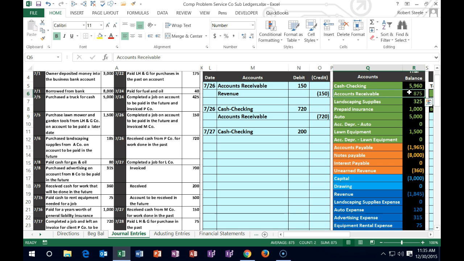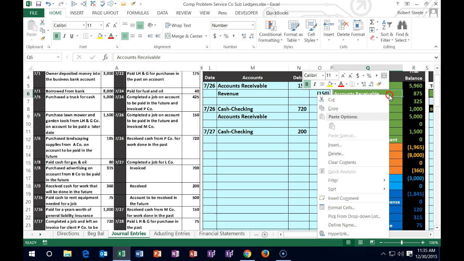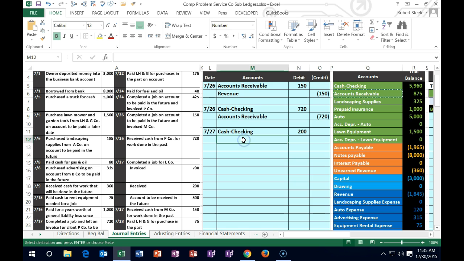Receivable is also an asset, similar to cash. We'd like cash better. We would have rather gotten the full 700, but 500 in the future is still an asset. Therefore, we're going to make it go up by doing the same thing to it, which in this case would be another debit. So we're going to copy that. We're going to put that in M12, right click, paste, 1, 2, 3, amount in the debit column being $500.